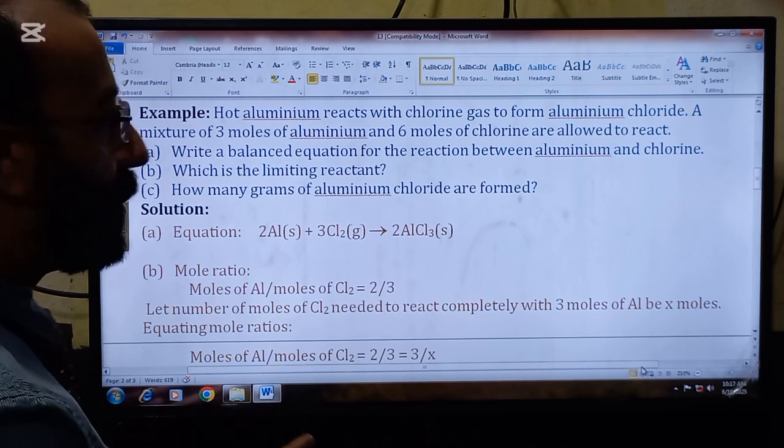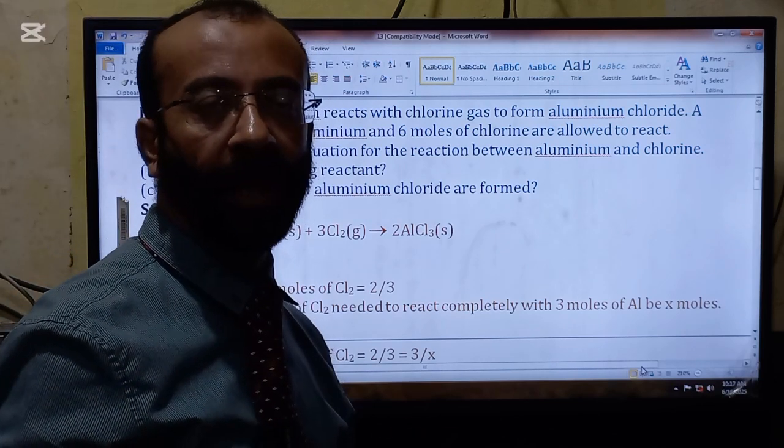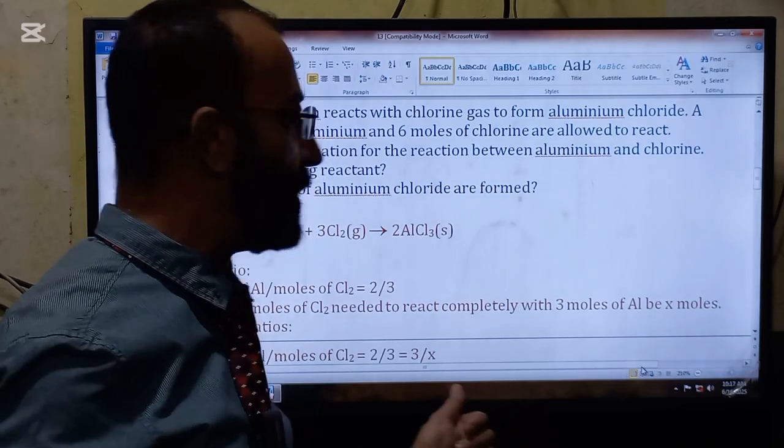Again, now the process of checking the limiting reagent is going to start.